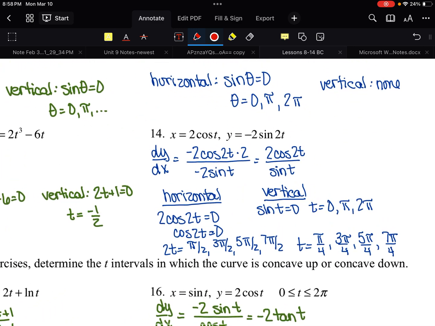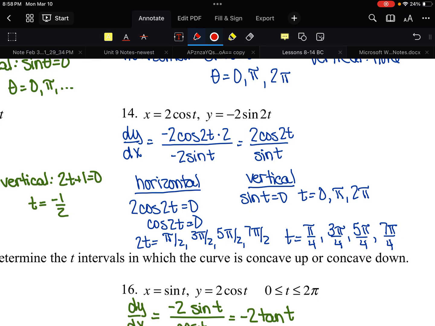Be careful on problems like this one, because this is a chain rule, and we haven't done that in a long, long time. So derivative of the outside function is sine, and the inside function is 2t.